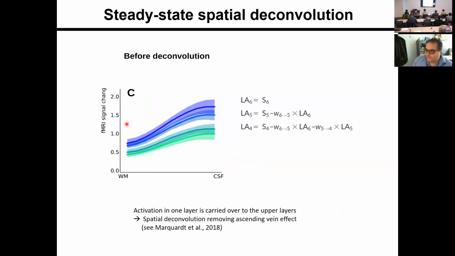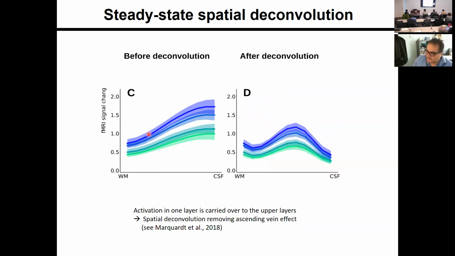Okay, so now we apply this method of sequential subtraction. In the paper we call it deconvolution, but strictly speaking, it's not a deconvolution operator. So perhaps in the next publication, we have to rename it. But in the framework of this talk, let's continue calling it deconvolution. If you sequentially subtract the influence of lower layers from the upper layers based on this approach, the same curve results in this.